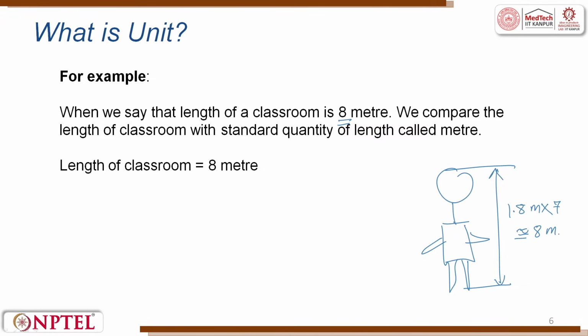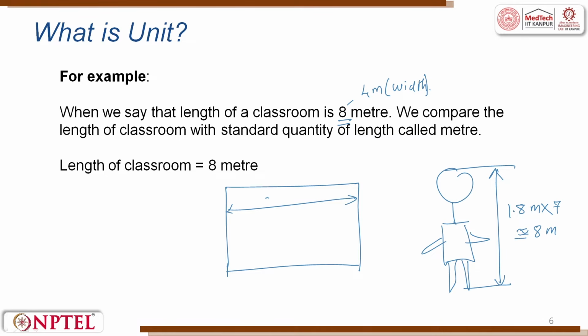So, why did we do this exercise? To have a feel for a length. And if I say the classroom width is 4 meters, this is the width. Then you try to draw the classroom and say this is 8 meters and this is 4 meters. I still do not have a feel.